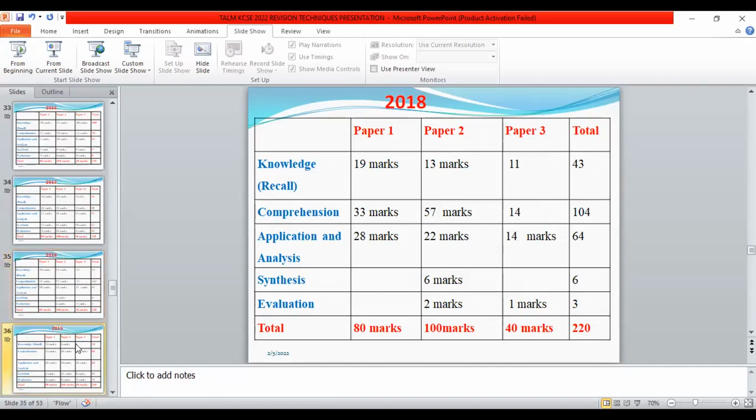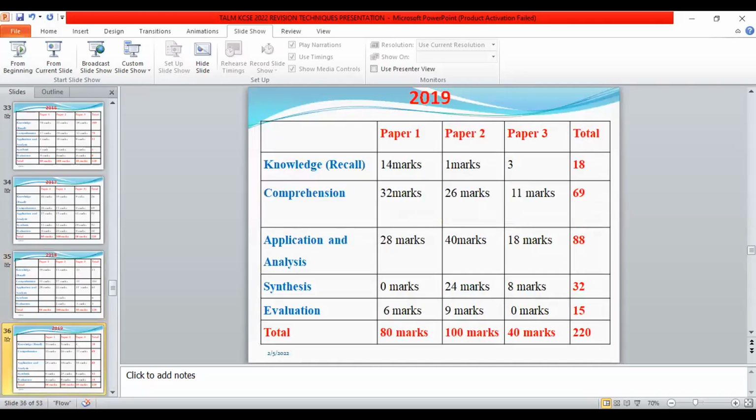2019, next slide. In 2019, you can see the knowledge level is continuously going down, only 18 marks, where students were expected to recall and memorize. Comprehension, we're in trouble again, 69 marks. Application and analysis, 88.